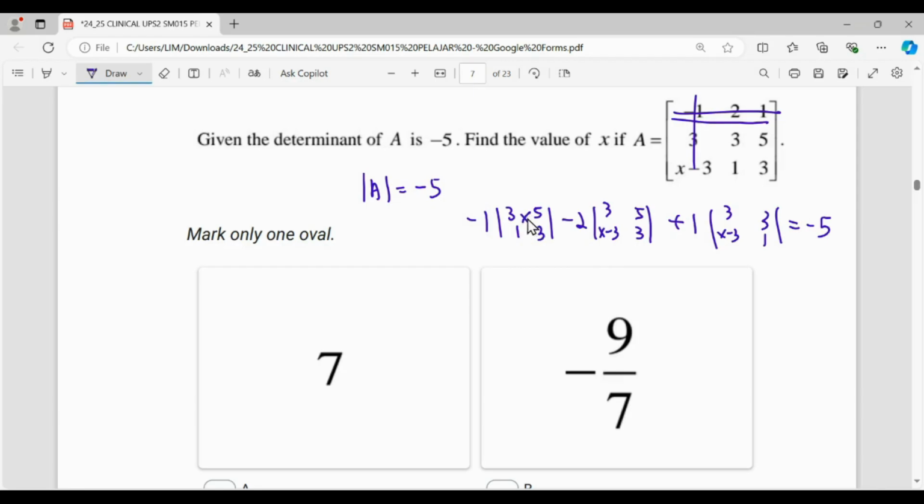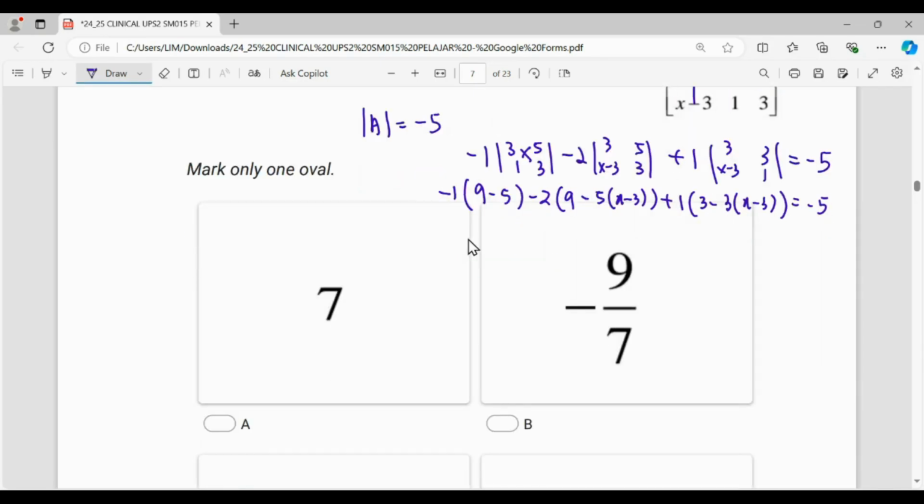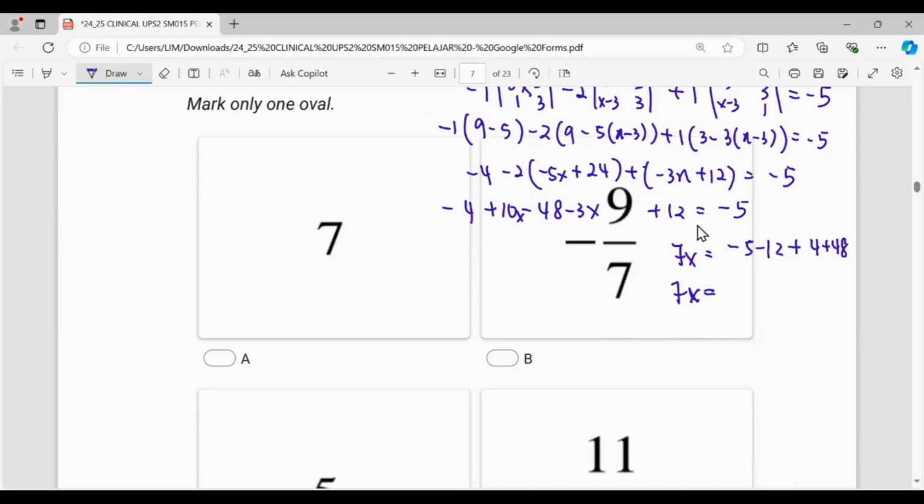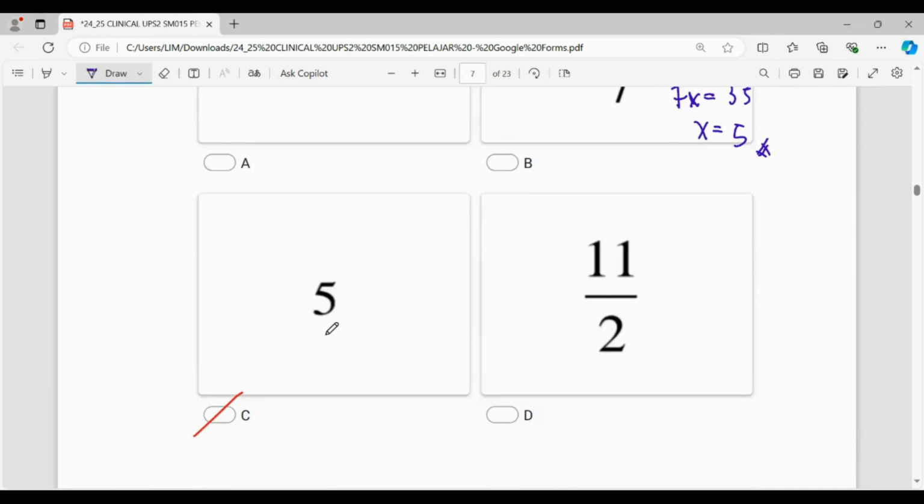Then we do AD minus BC and expand until we can get the value of x. This is negative 4, so this is negative 5x plus 15, and this is negative 3x plus 9. Then we expand. So 7x gives you negative 5 minus 12, and then plus 4 plus 48. So it gives us 35, so x equals 5. So here we have our option.